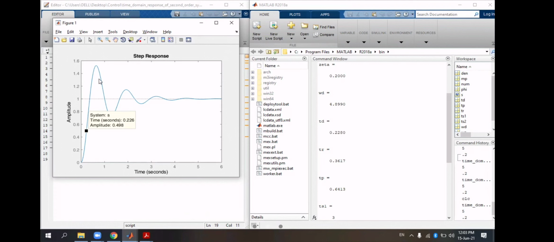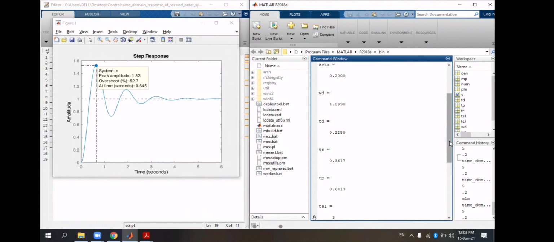Now simply right click on this graph. After right clicking, go to Characteristics, then go to Peak Response. You will see the peak here. Click on that point and you will see the peak amplitude is 1.53 and overshoot 52.7. We have calculated overshoot Mp as 0.5266.